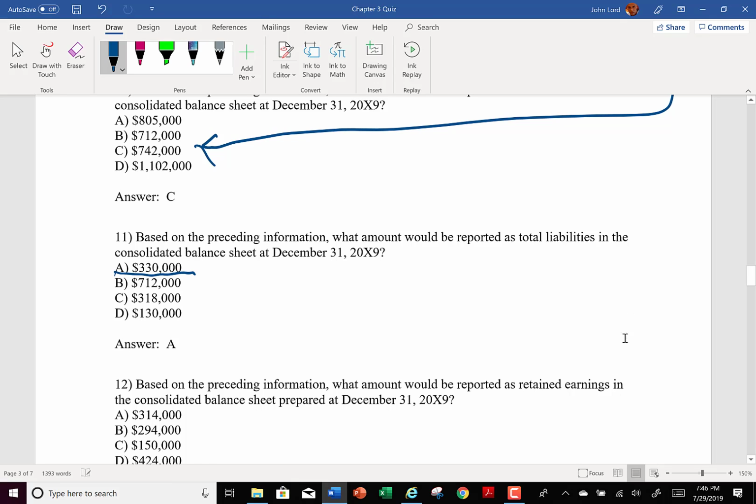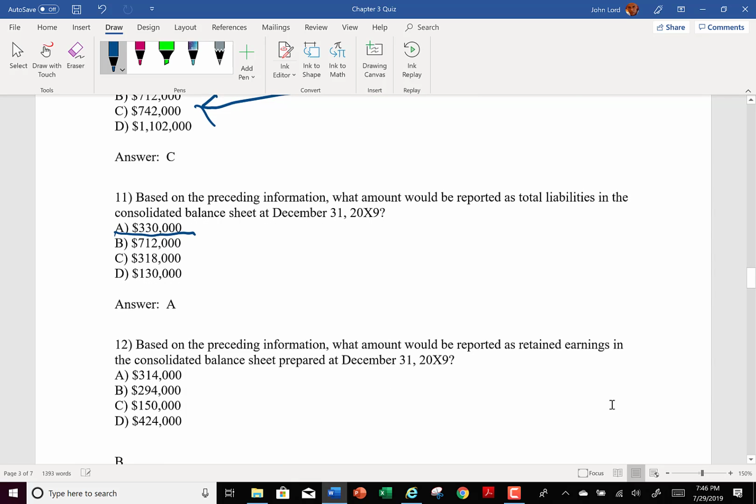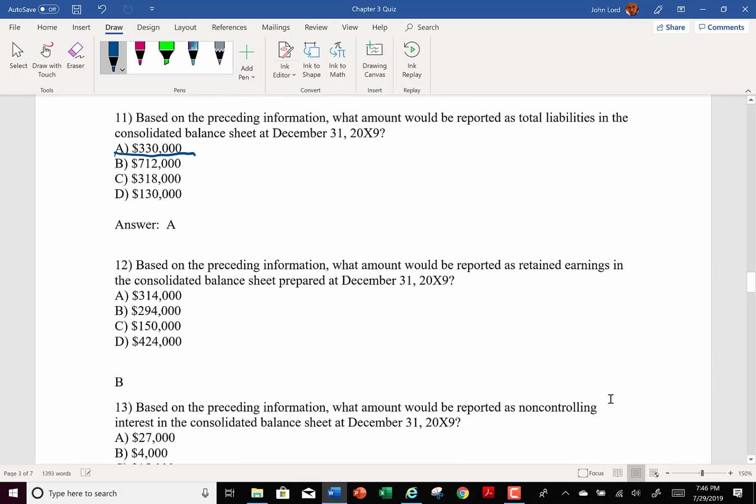Based on the preceding information, what would be reported as retained earnings in the consolidated balance sheet? Now, first off, guys, whose retained earnings shows up in the consolidated balance sheet? The parent's at the end of the day, doesn't it? Even though it's kind of weird because we back it out of the investment income and include the total, if I look at this question, I can just focus on the what? Parent's activity and be able to answer the question, right?